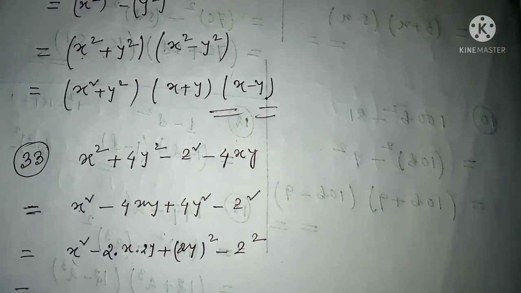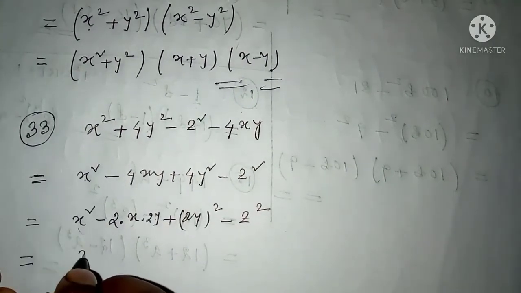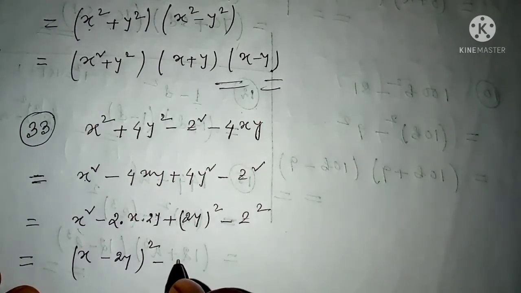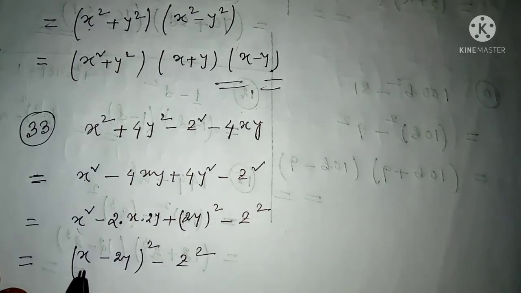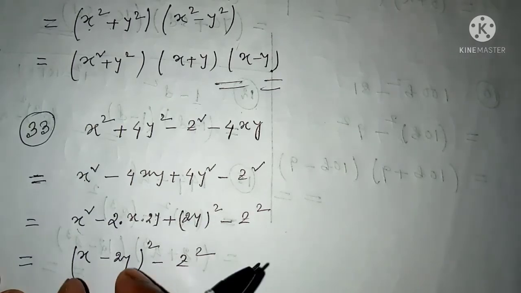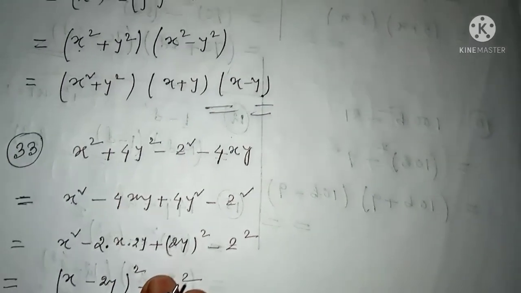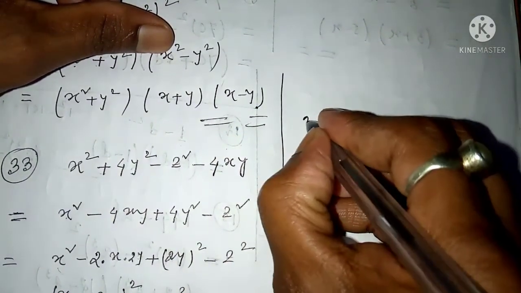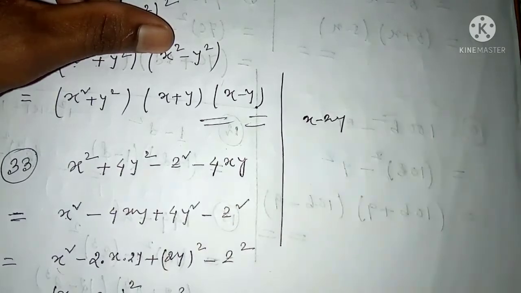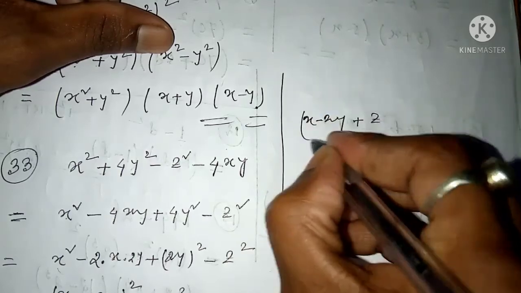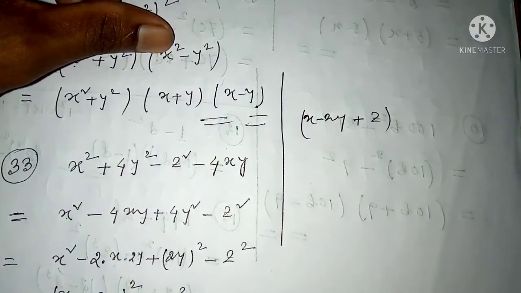Then this whole term I can write as x minus 2y whole square, then this is z square. Now see what I got here: x minus 2y as one term, squared, minus z square, or you can say a square minus b square form. Then I'm writing here: x minus 2y is the first term plus the second term, that is z.